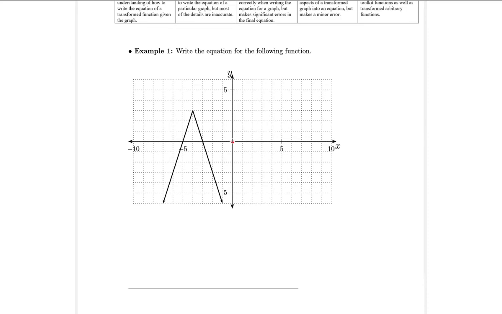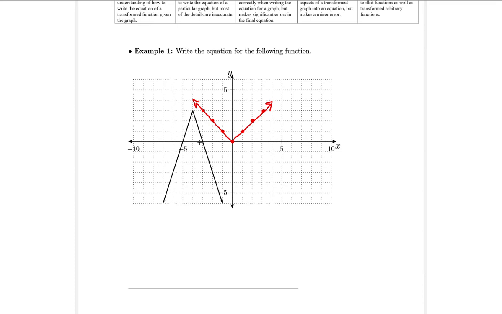It's just over 1, up 1, over 2, up 2, and so on, and then left 1, up 1, left 2, up 2. This gives us a nice reference to look at as we're trying to figure out what's happening with this graph here.